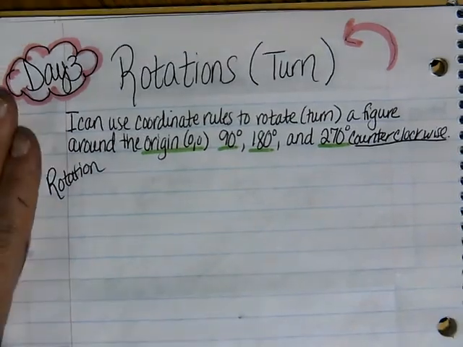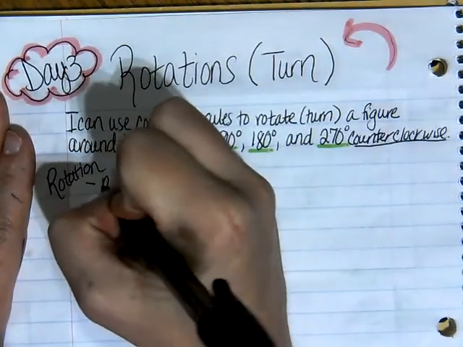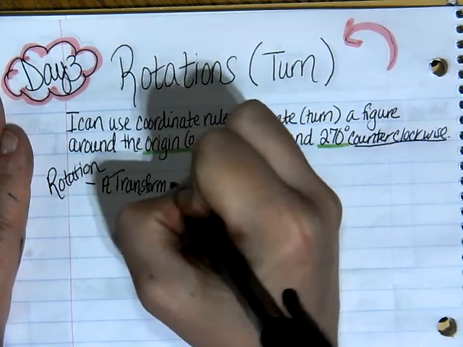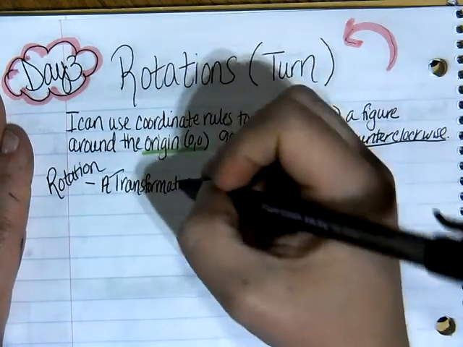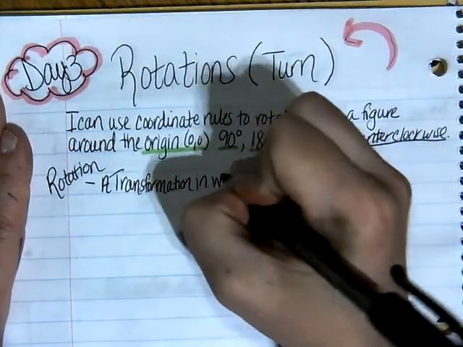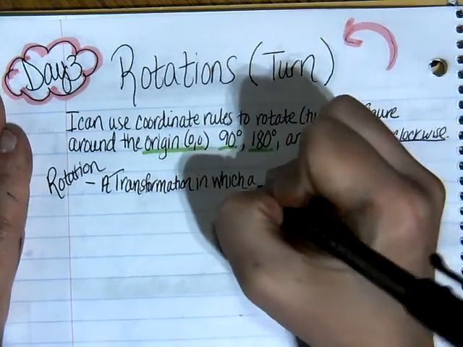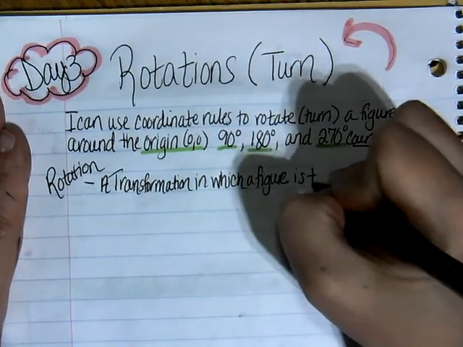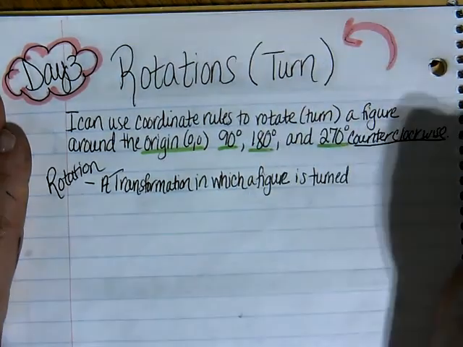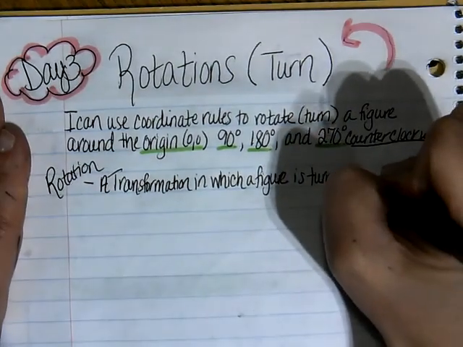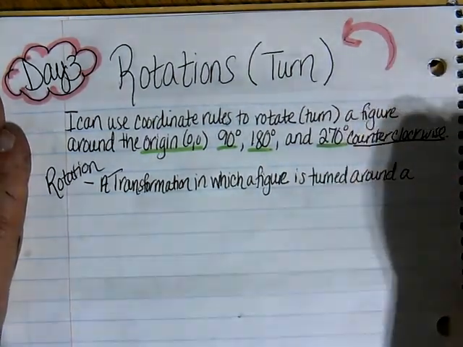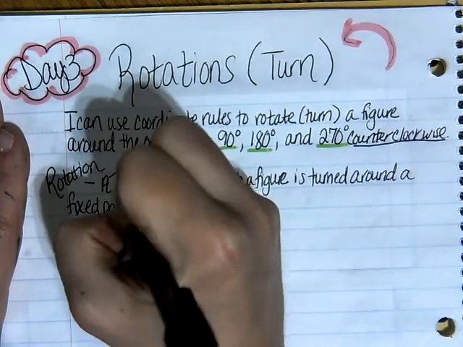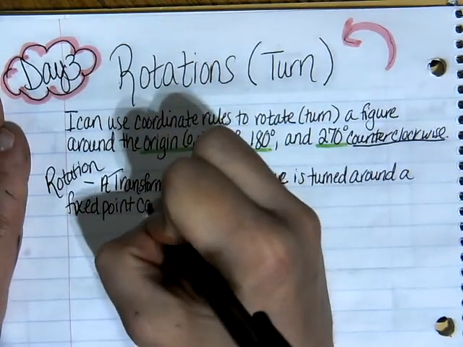A rotation is a transformation in which a figure is turned around a fixed point, called the center of rotation.